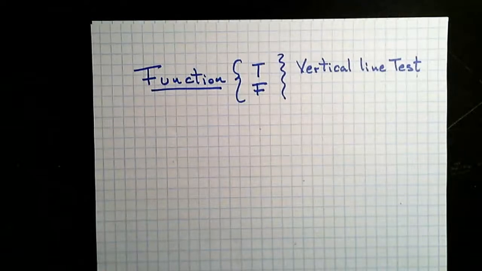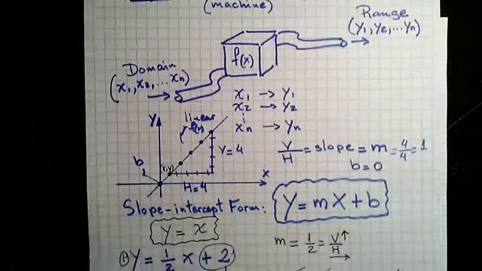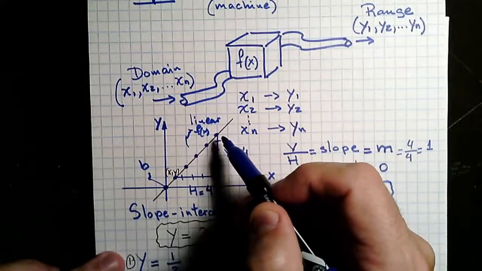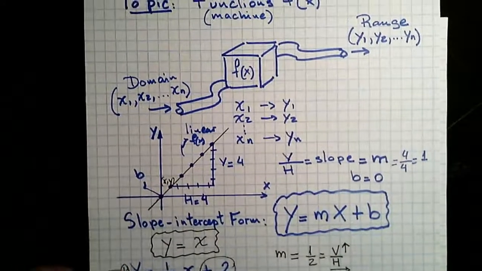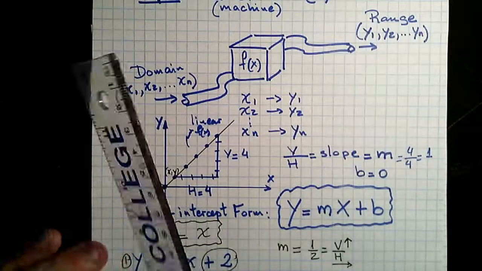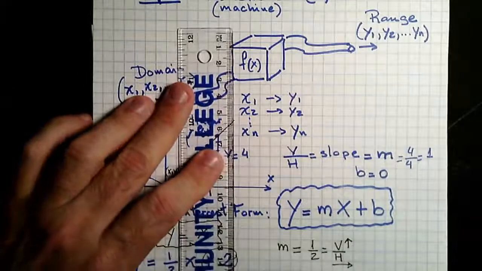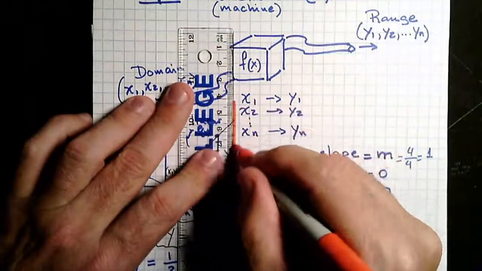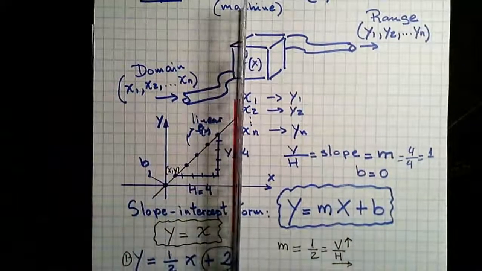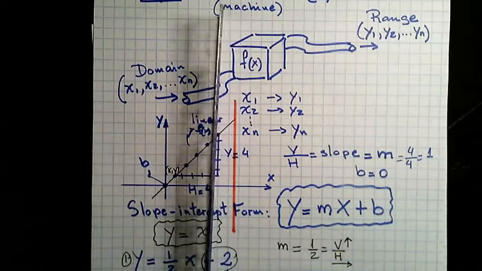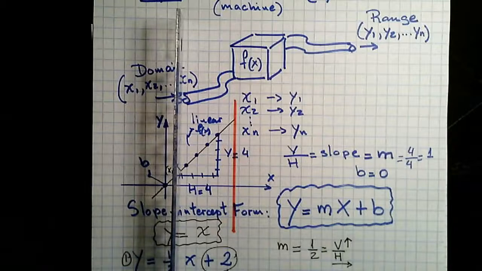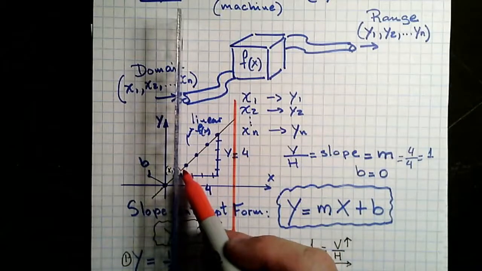Of course, every linear function like this is a function, because if I run a non-existent vertical line and pass it through the line, I am always going to cut in one point.